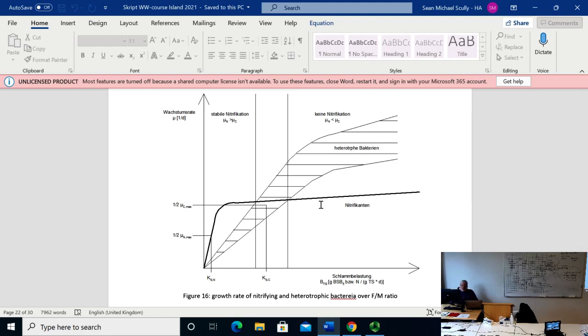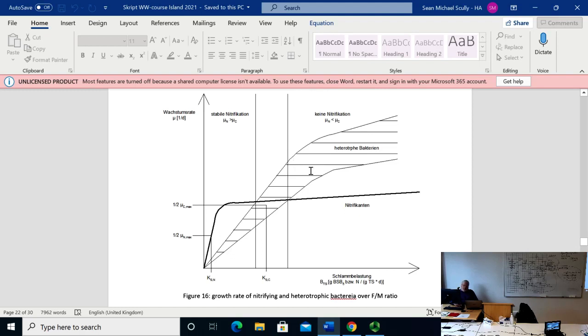And you probably will not get, they will not have the load, because if the nitrifiers are expelled, it hardly has any effect on the food to mass ratio of the heterotrophs.